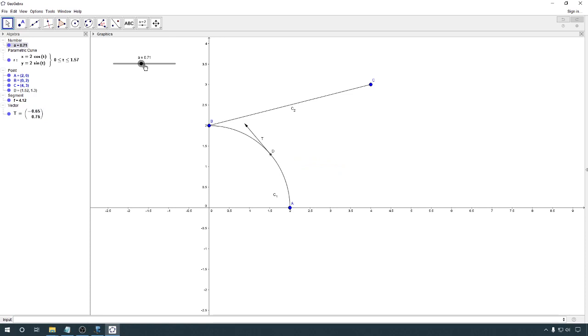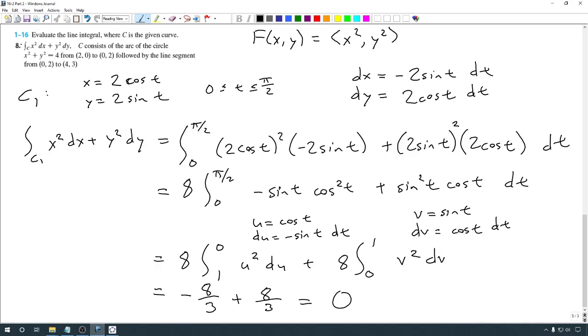So we have our tangent vector that's coming off there, and it follows our curve as we move around. Our vector field, on the other hand, I'm again going to start at D and move from D by what our vector field is doing. But what is our vector field doing? It's taking whatever we put in for x and squaring it, and putting in whatever we put in for y and squaring it too. Remember, we're putting in these values here.